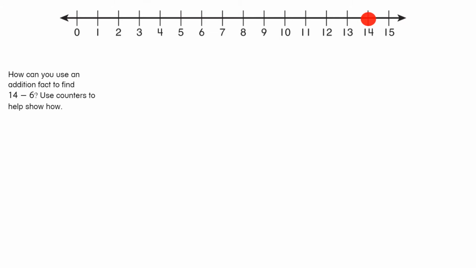So for 14 minus 6, we would start at 14 and we would go back 6 spaces. 1, 2, 3, 4, 5, 6. Okay, and that would bring us to what number? Bring us to an 8. Or we could go with the counting on strategy. And when we count on, this was count back. When we count on, we start with the smaller number.